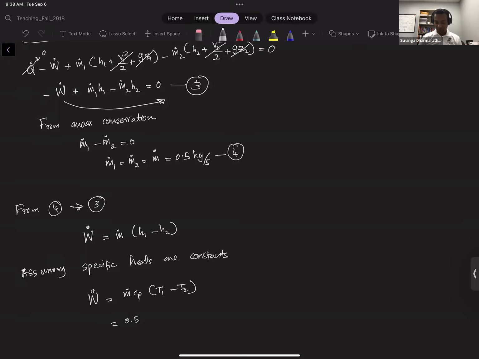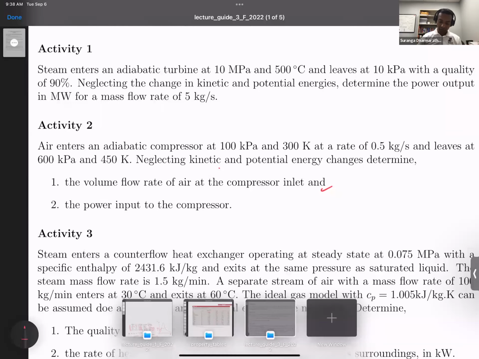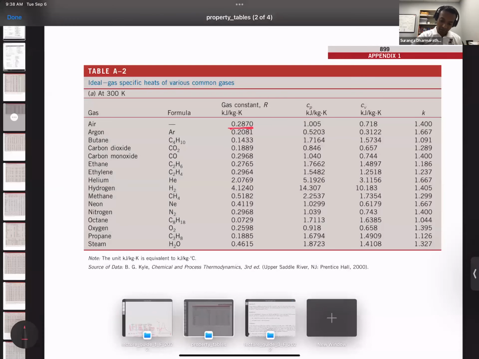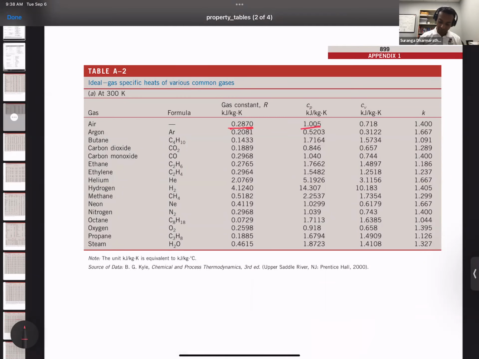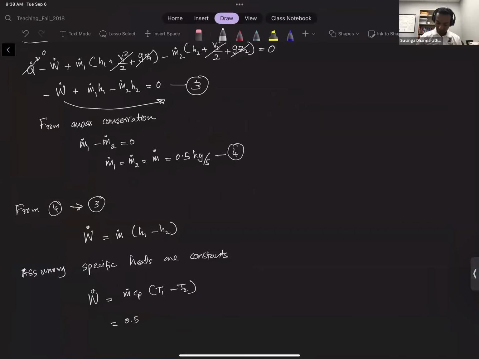M dot is 0.5 Cp. Now you can go to the table again. Cp is 1.005, that constant value. So it's 1.005. T1 is 300 minus 450, so that's negative 150.